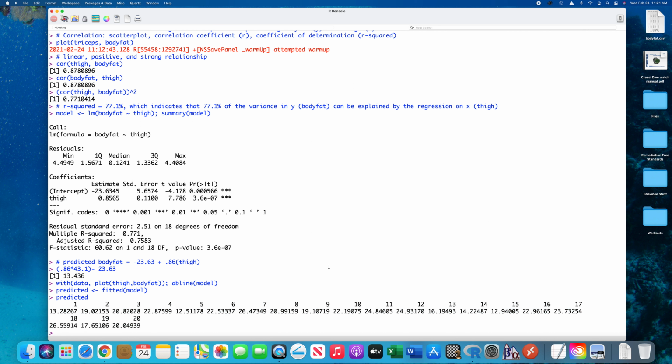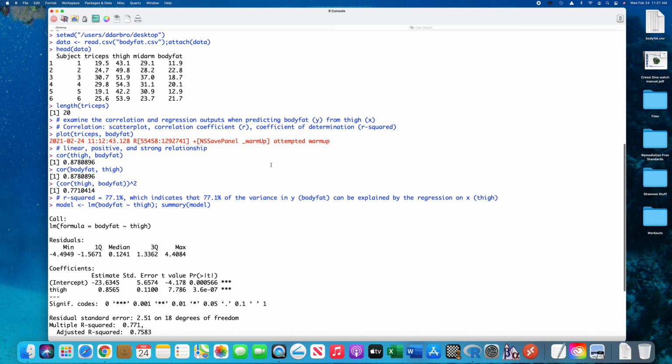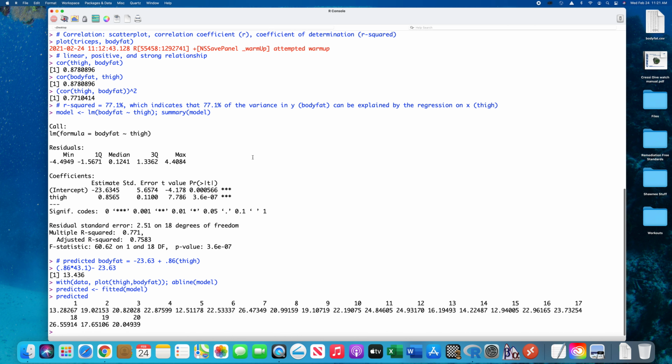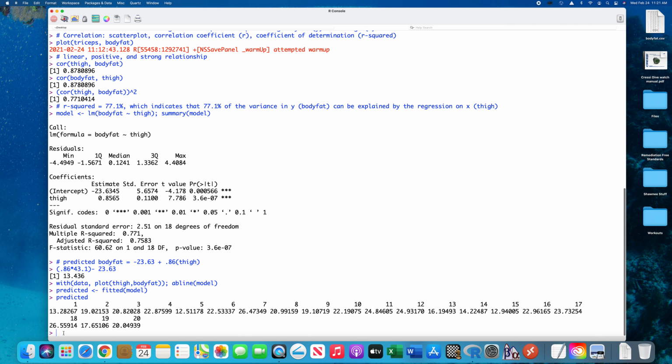Now we want to look at the difference between what we actually observe, which is the body fat in our data set, and what our model predicts. We call these residuals or errors.